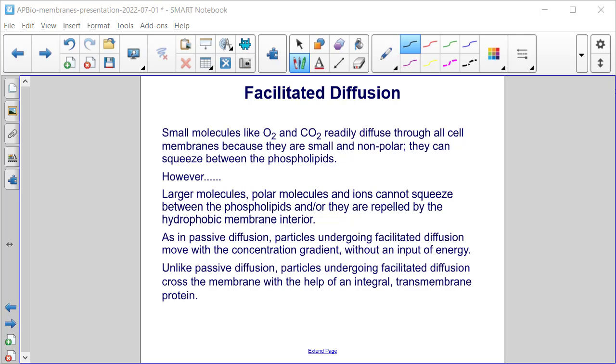As in passive diffusion, particles undergoing facilitated diffusion move with the concentration gradient without an input of energy. Unlike passive diffusion, particles undergoing facilitated diffusion cross the membrane with the help of an integral transmembrane protein.